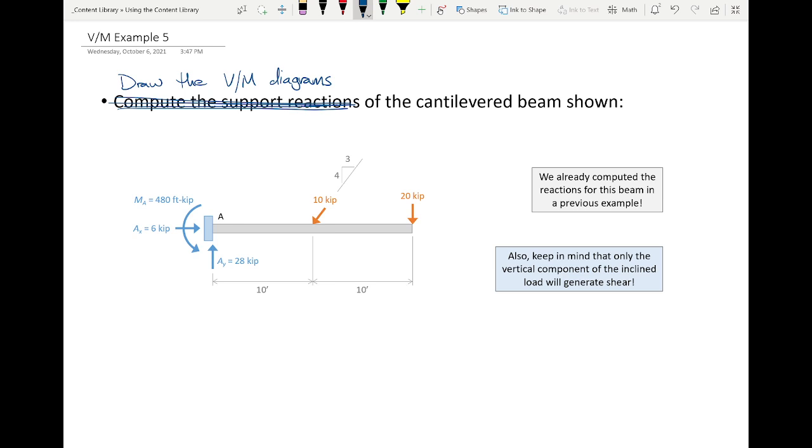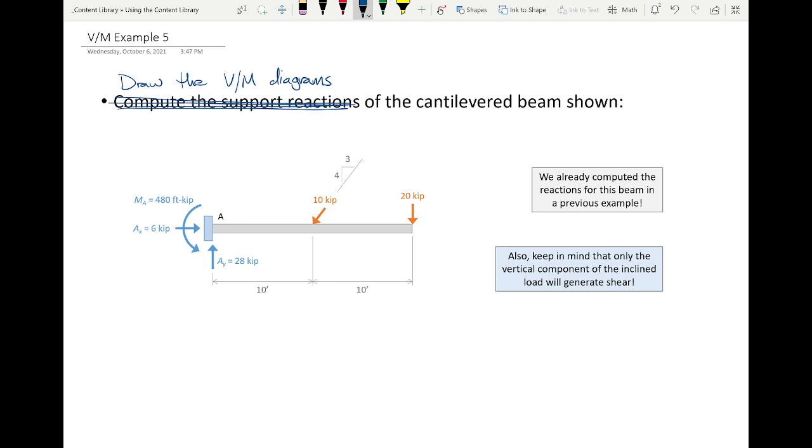When we draw shear and moment diagrams for frames, we don't just ignore horizontal reactions, because we might have a horizontal reaction for a member that's vertical, in which case it does matter. It's all about whether the load is along the axis of the member or transverse to it.